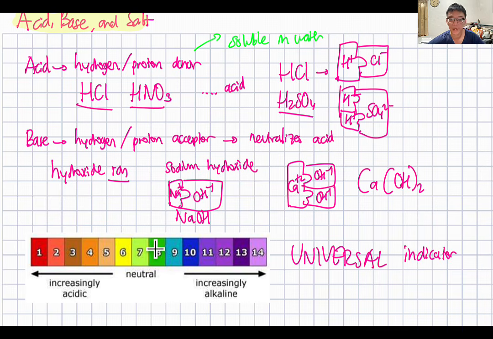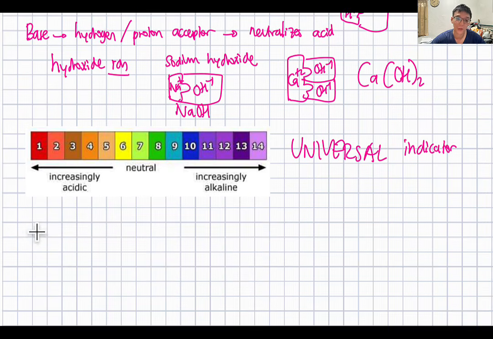The universal indicator gives out a color depending on the pH of an acid or base. So what is pH? pH is an abbreviation for the potential of hydrogen. So it gives out the strength of an acid typically.